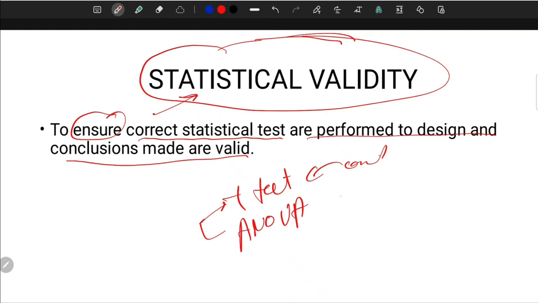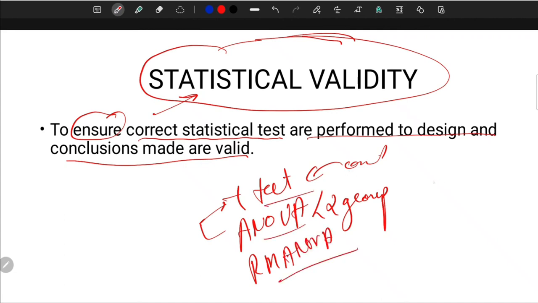When there are more than 2 groups, we do the ANOVA test, and RM ANOVA when they are repeated measures. There are many tests. And for categorical variables, we do the chi-square test. So there are different tests, and we ensure that the correct statistical tests are performed for the design, and valid conclusions are made.